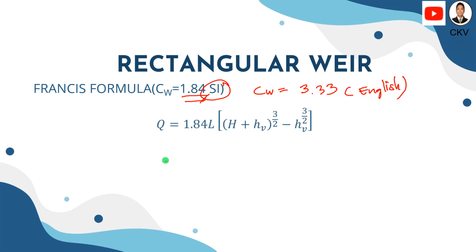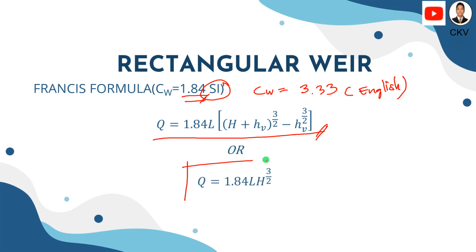So from our general formula, we now have the solution using the Francis formula: 1.84 L multiplied by the quantity of H plus Hv raised to 3/2 minus Hv raised to 3/2. Or, neglecting the velocity head of approach, we can have this equation for the flow rate: Q equals 1.84 L H raised to 3/2.